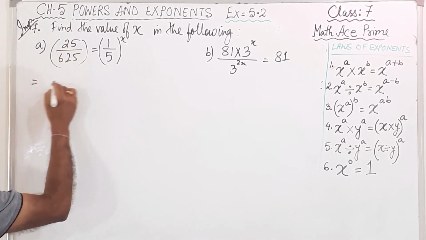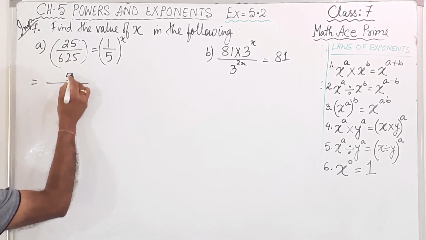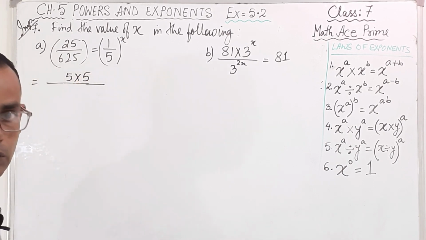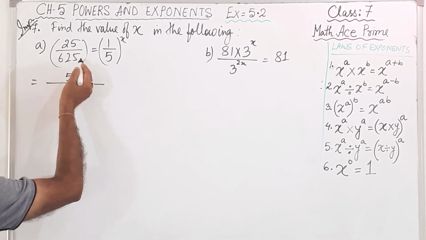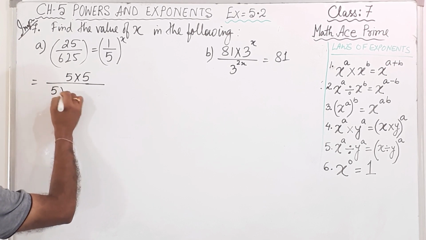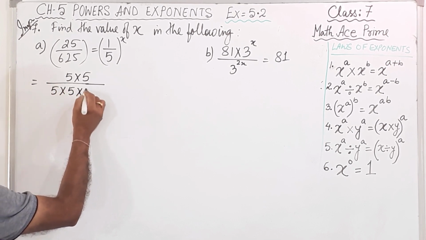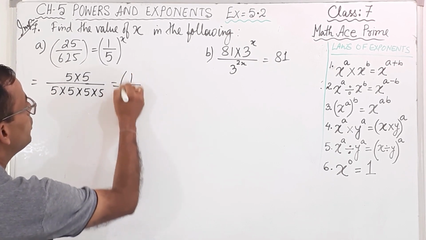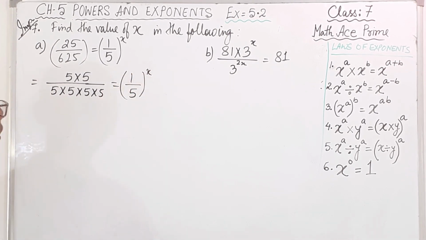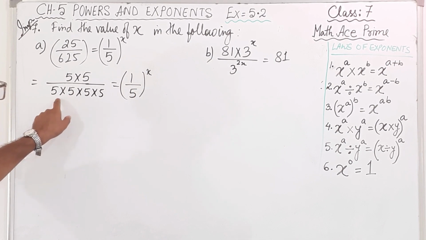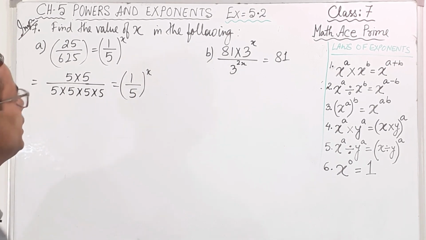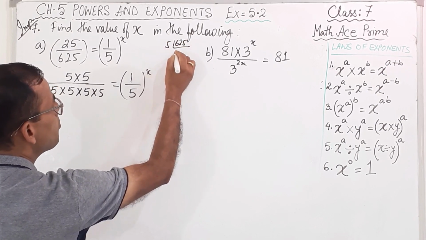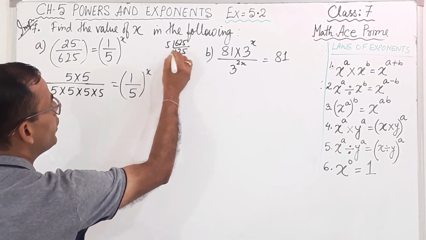Now 25 means I can write 5 into 5. 5 into 5 means 25. And 625 means what? 5 into 5 into 5 into 5. And this one 1 by 5 to the power x. Now you will be thinking, sir, how did you get this one, 5 into 5 into 5 into 5? You just find out the factors. 625, divide by 5, it becomes 125.